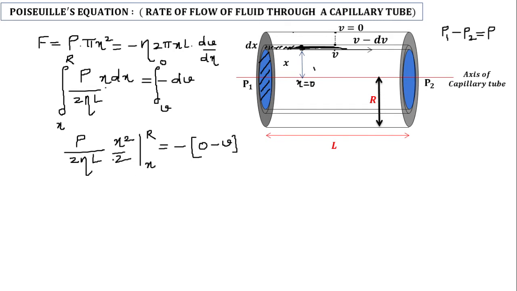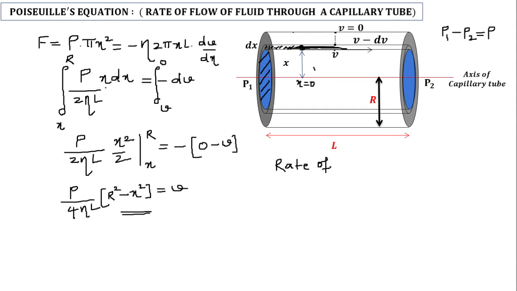Then you have upper limit minus lower limit, which is P upon 4 eta L into R square minus x square, which is equal to the velocity. So now you have got the velocity of the fluid layer which is at a distance x from the axis, from the center. Now you are trying to find out the rate of flow of volume.